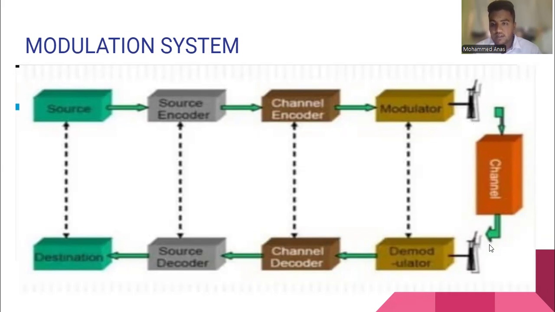That channel gives the signal to the demodulator, and the signal is sent to the channel decoder, then to the source decoder, and the destination is formed. The source encoder corresponds to the source decoder, and the channel encoder corresponds to the channel decoder.